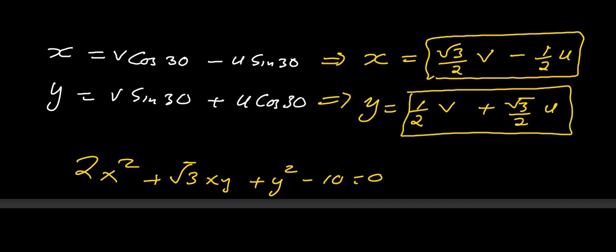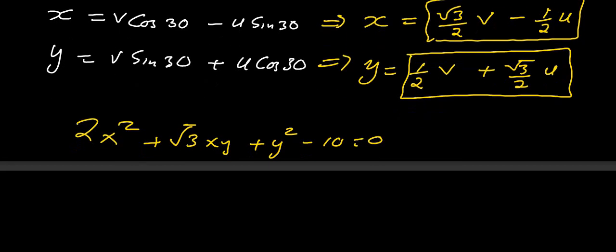By the time we're done solving, we should only have v and u, and there shouldn't be any place where v and u are multiplied, because x and y are represented by v and u, just to distinguish the ones that have primes.